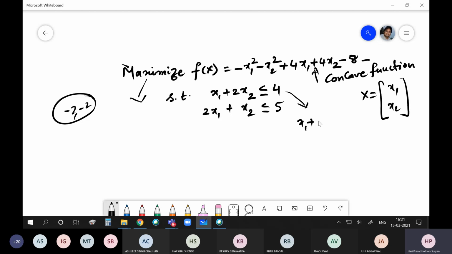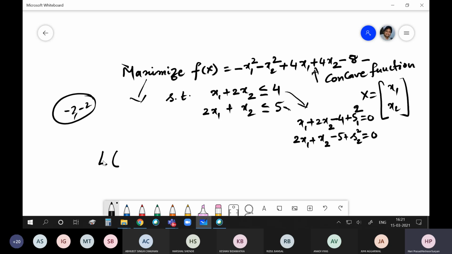So we can write it as x1 plus 2x2 minus 4 plus s1 square is equals to 0. Okay, and this one 2x1 plus x2 minus 5 plus s2 square is equals to 0. Okay, we have converted these two inequality constraints to the equality constraint.